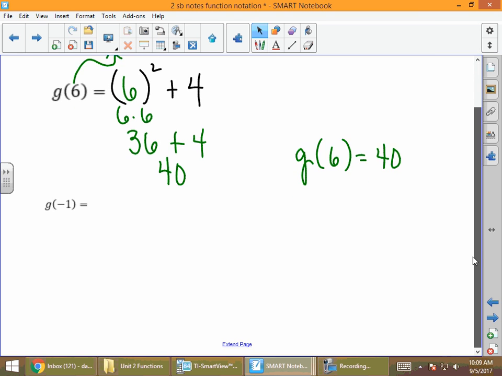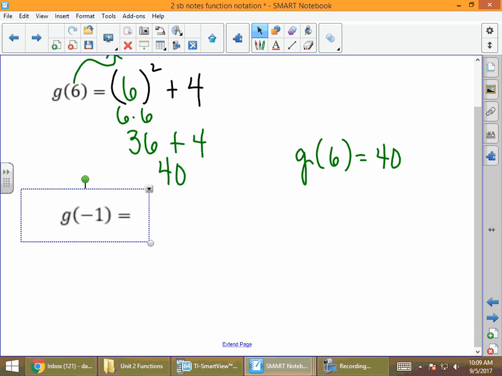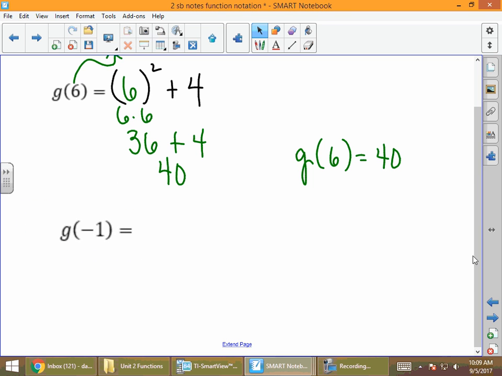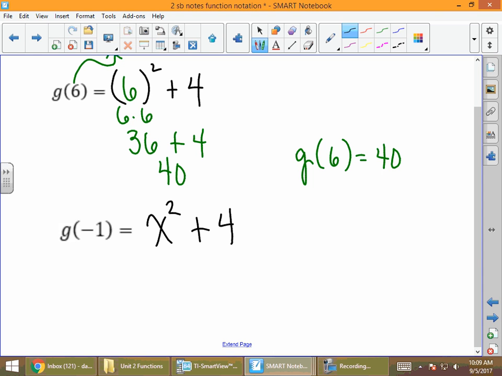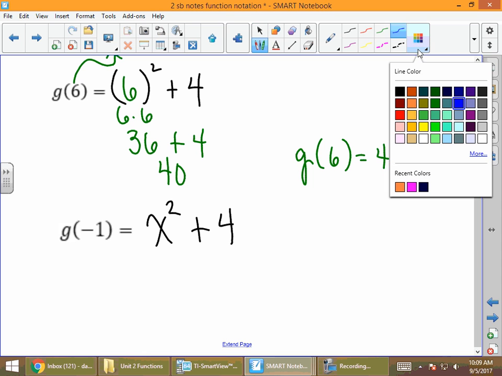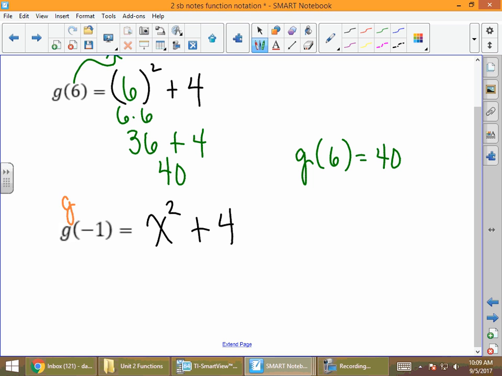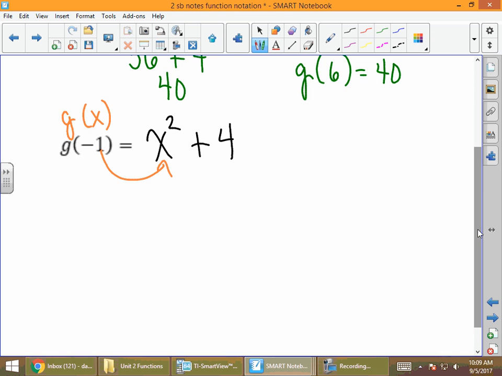We can do the same thing with g of -1. And what might be helpful, since you're not writing directly underneath the function, is to write the function again, which is x squared plus 4. And a reminder that what we're using here is g of x, so we're going to take the -1 and we're going to put it in to the function to determine what we get out of the function. -1 is going to go in for that x.